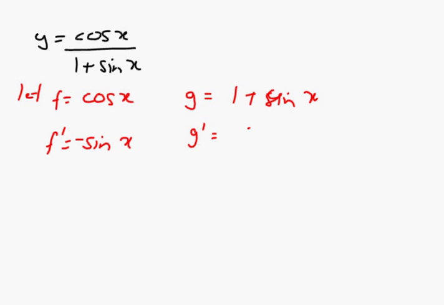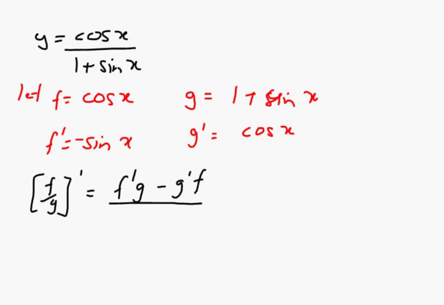The differential of g is cos x. Now using the quotient rule formula, which is function 1 over function 2, the differential is f dash g minus g dash f over g squared.